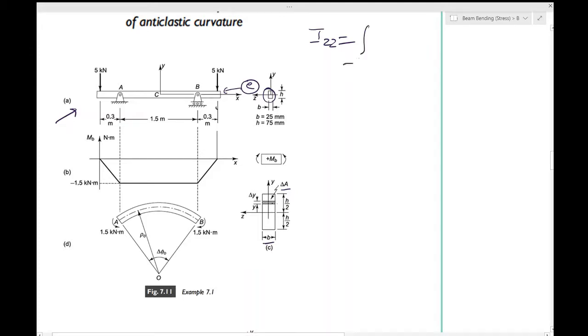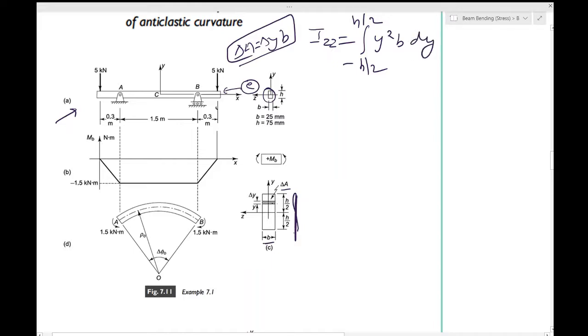That would be from minus h by 2 to h by 2. Eventually you have to write it for the whole area. But you can write delta A as b into delta y. So IZZ can then be found for the whole area of this surface as the integral of y squared into b dy, and this should be equal to bh cubed by 12.